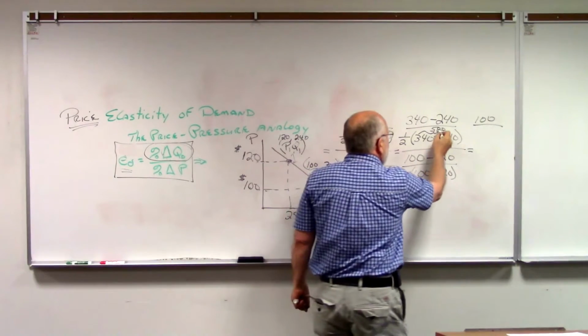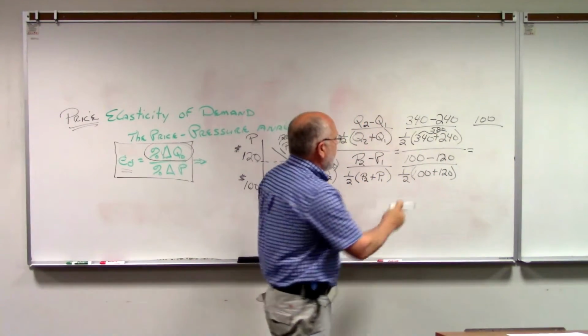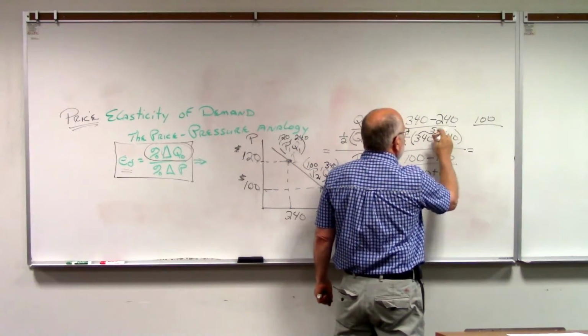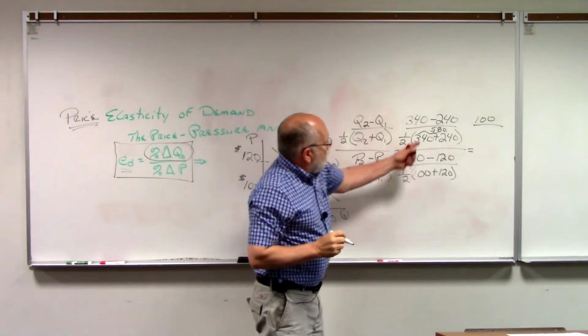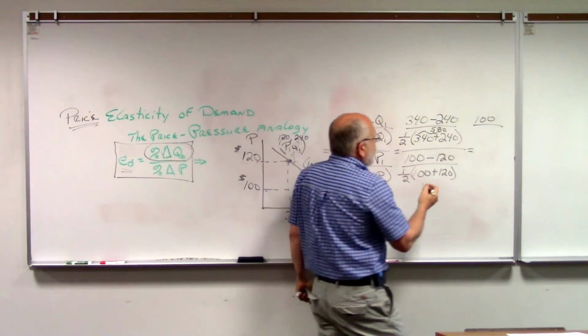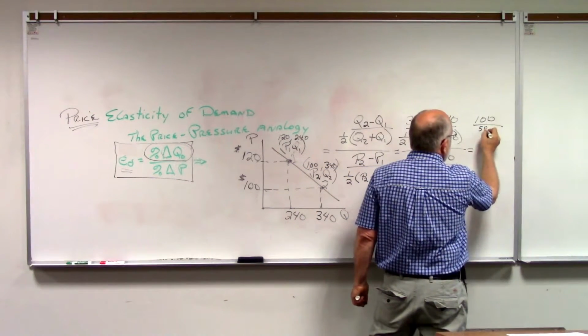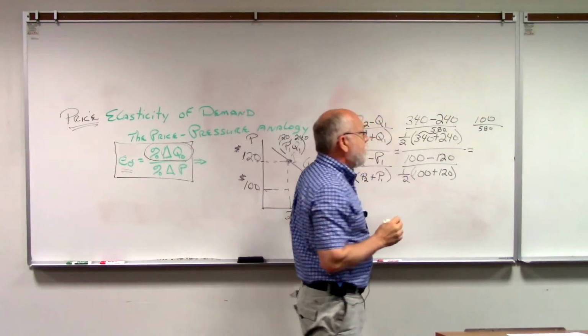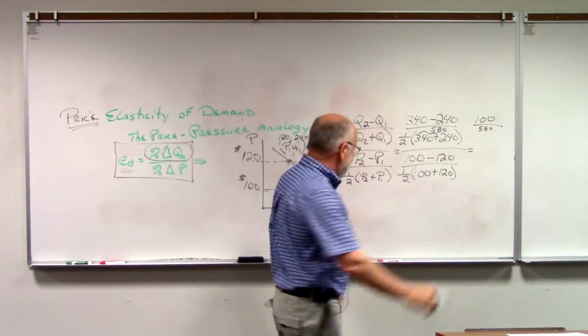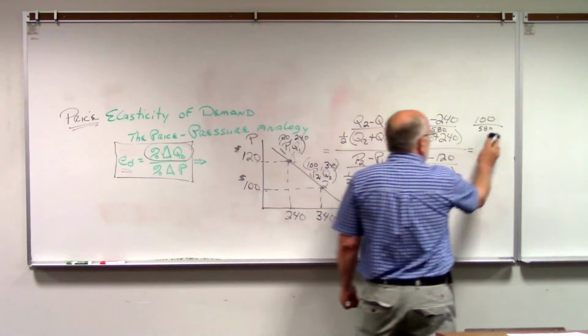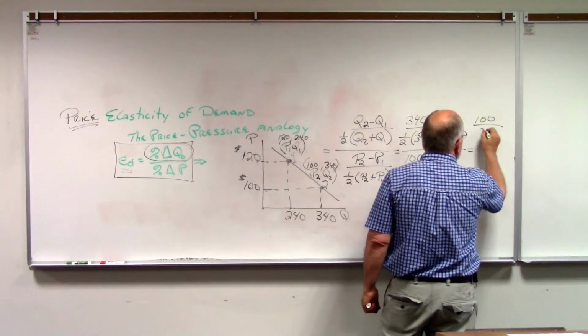Does that look like 580 to you out there in TV land? So 580 divided by 2 is 250 plus 40. 290, does that look pretty good? 290. So we'll put 290 in here.